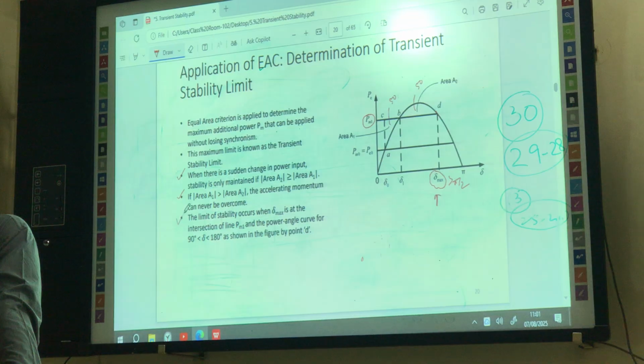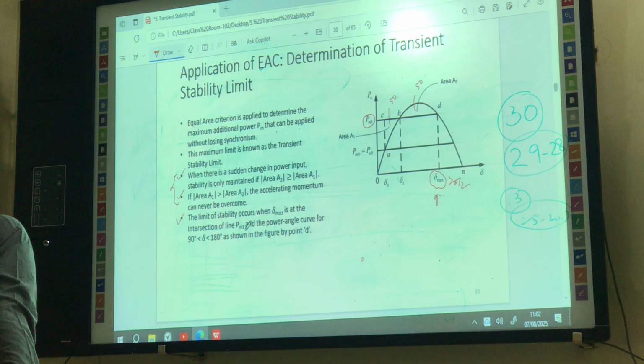Now look at this point. These 2 points are now clear to you. Third point, the limit of stability occurs when delta max is at the intersection of line PM1 and the power angle curve.